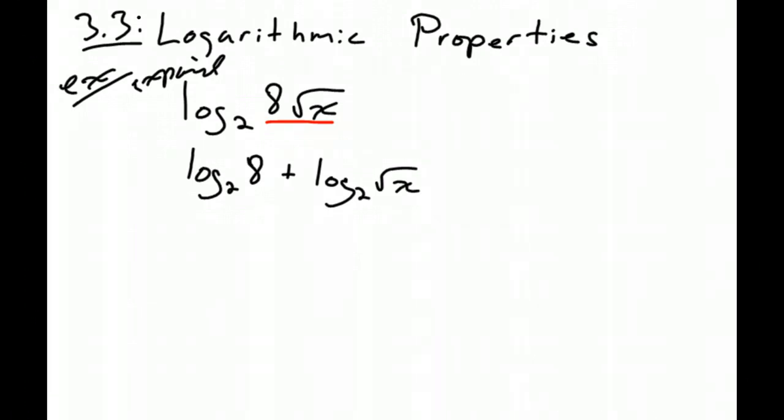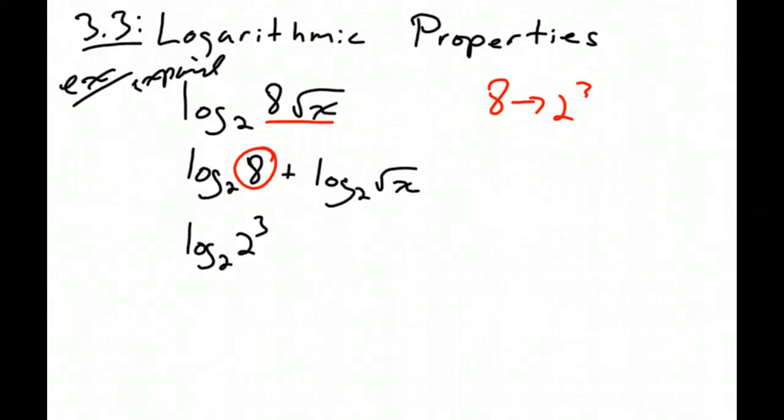Now this first thing, I know that 8 is 2 to the 3rd power, and I know if I have the same base as the number inside, then the log is just equal to the power. So base 2, inside 2, so these things are just equal to the power, plus I still have log base 2, square root x is x to the 1/2 power.